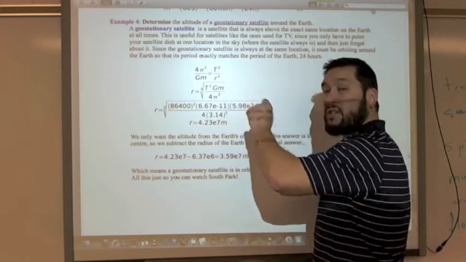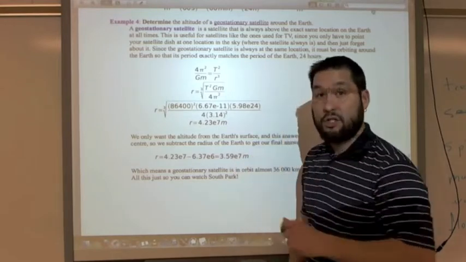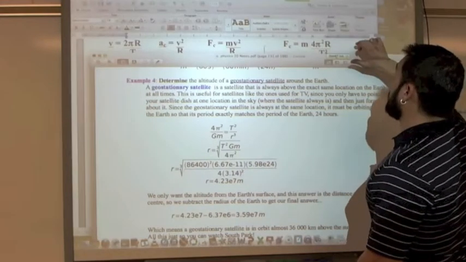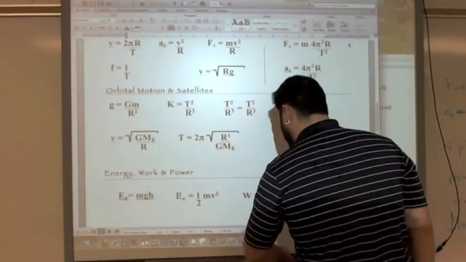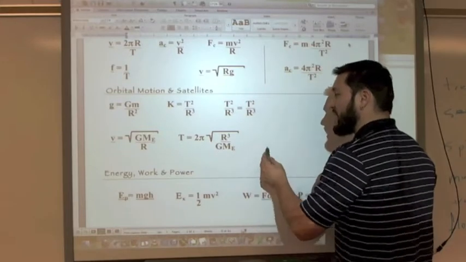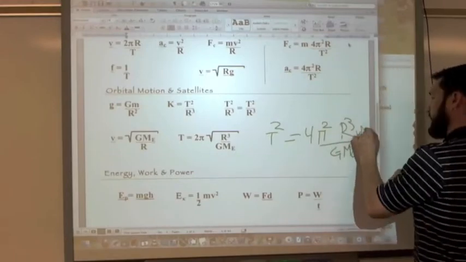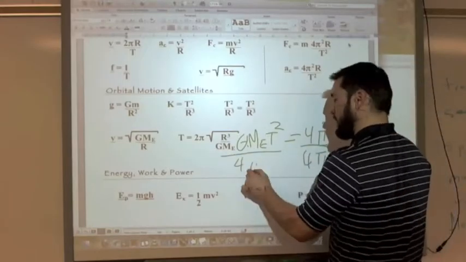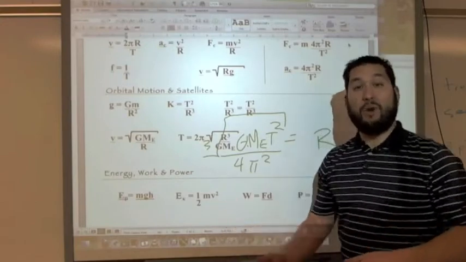Now we can actually derive this equation based on the one that was given to you. And I'll just grab a formula sheet and we'll do that real quick. If I start with this equation here, I need to get r. So if we square everything again, I've basically derived the equation that I need.